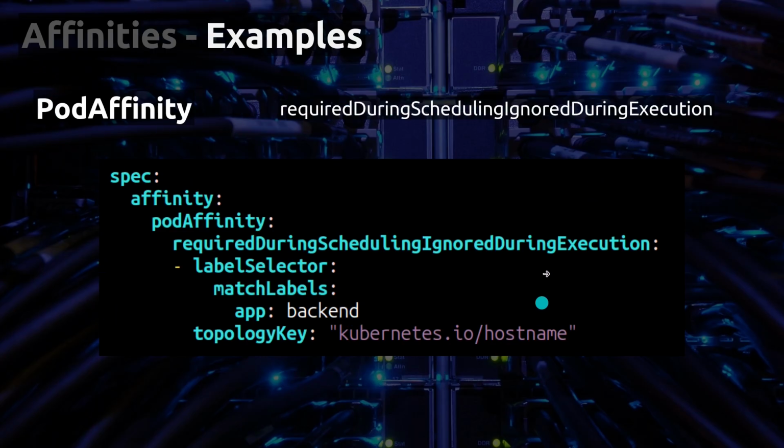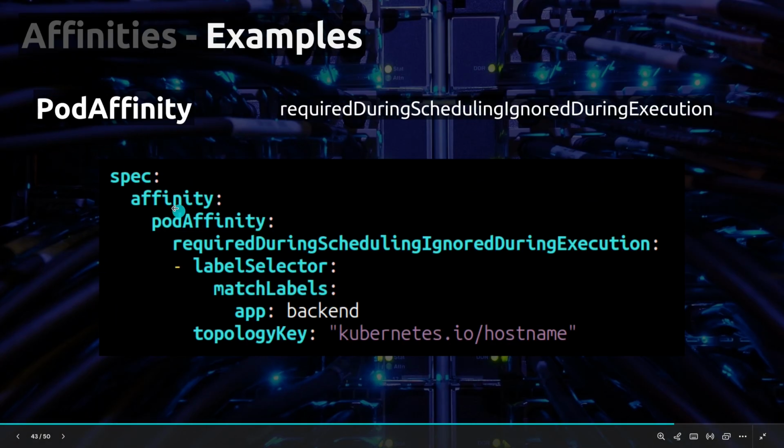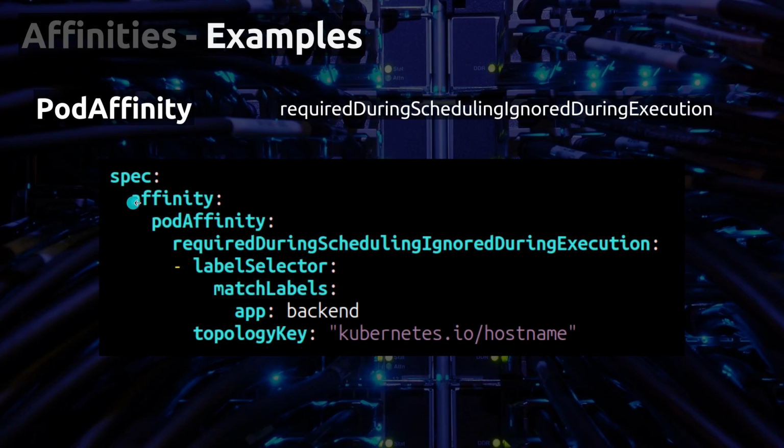So in our front-end pod, we can set the pod affinity with a required like that. We can say, okay, our front-end needs to have an affinity based on the label to ensure that our front-end will be with another label, app backend. So this is like a group. And to ensure the granularity of our check, it's on the topology key. Here it's on the host name.